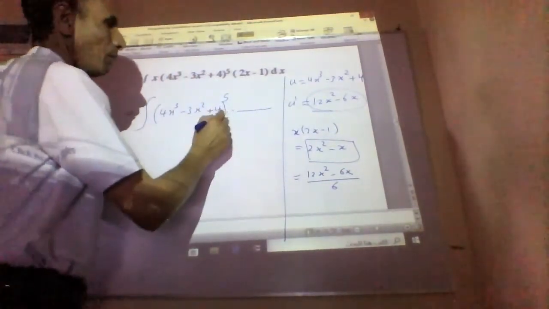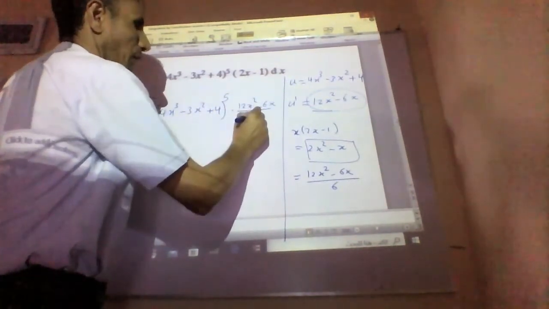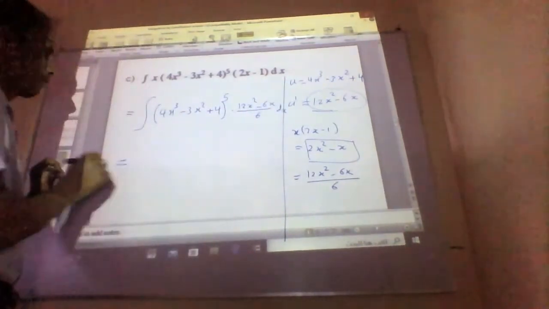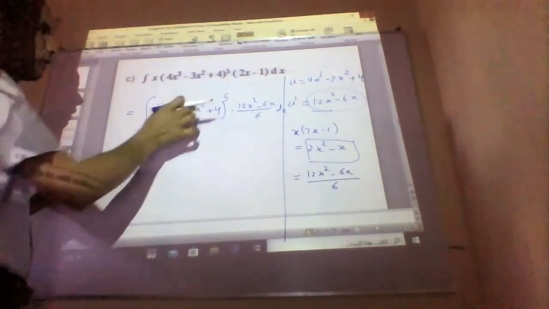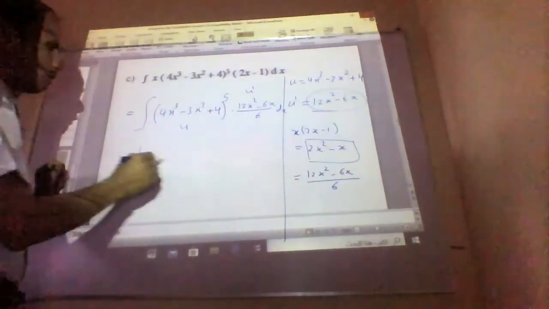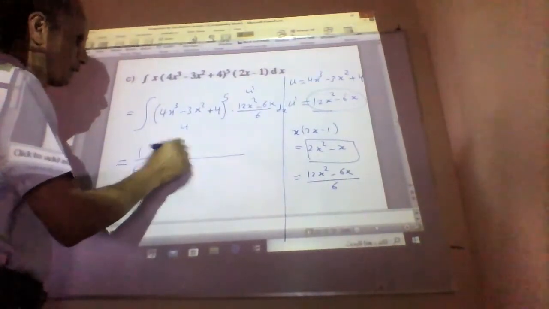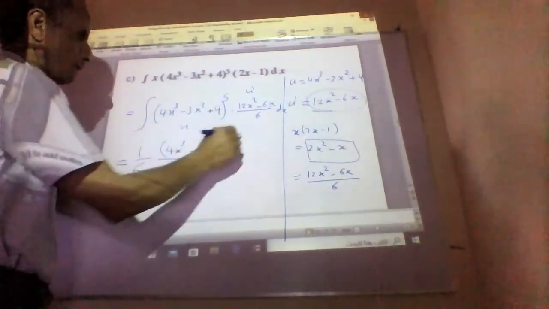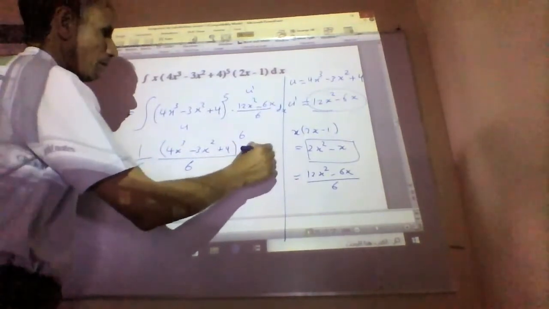So we have u dash now, 12x power 2 minus 6x divided by 6, all dx, with 1 over 6 outside the integration. Now we have u and u dash. So we will write 4x power 3 minus 3x power 2 plus 4, power 5 plus 1 will be 6, all divided by 6, plus the constant.